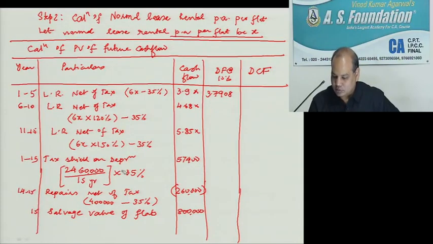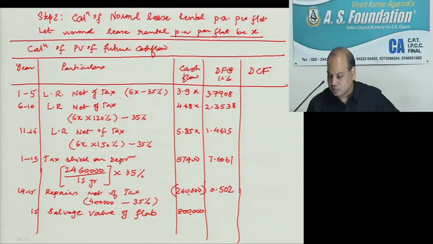And 11 to 15. 1.4615. 1-15. 7.6061. That's good. 14 and 15. 5027. Last year. 2394.